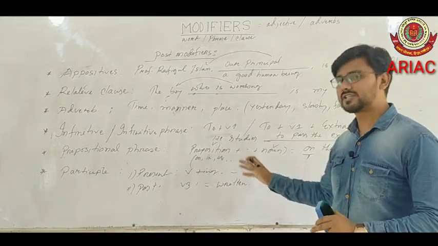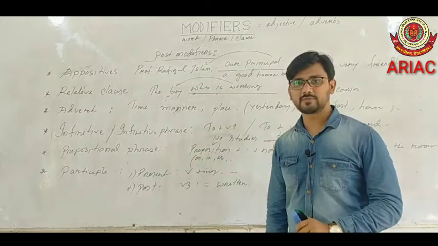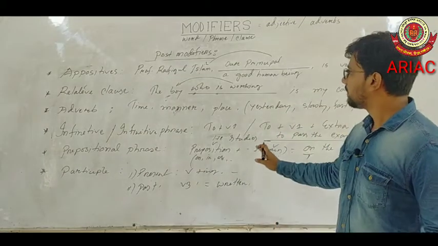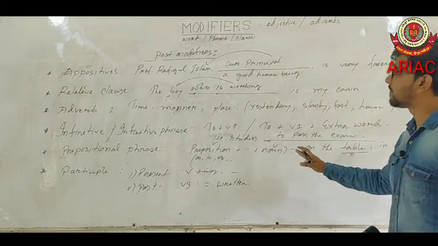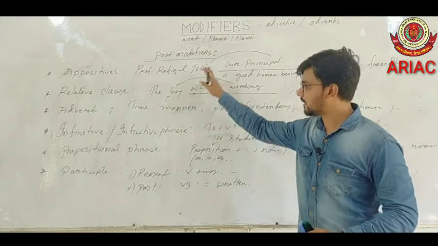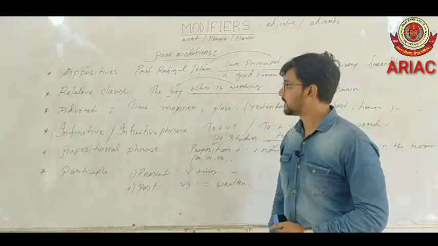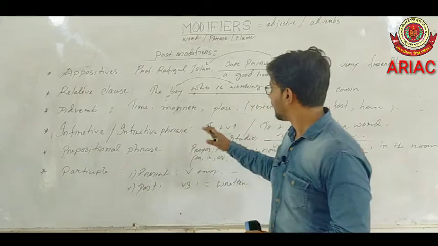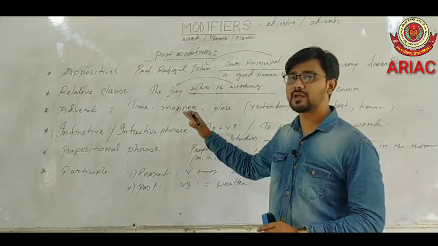Here the sit word is a participle. So these are the examples of post modifiers, and we have to follow the structures and put them down accordingly.